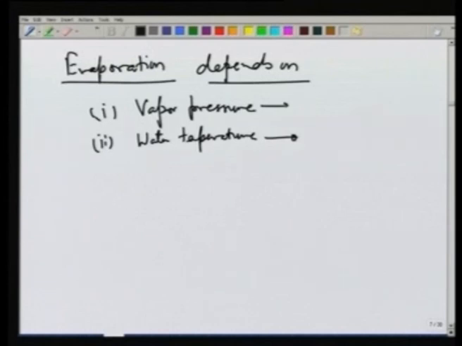For vapor pressure we have already seen that E is proportional to, or we can write E equals some constant times EW minus EA. This vapor pressure is typically represented in millimeter of mercury. Both of these are represented in millimeter of mercury, and E is the evaporation rate, typically in millimeters per hour.